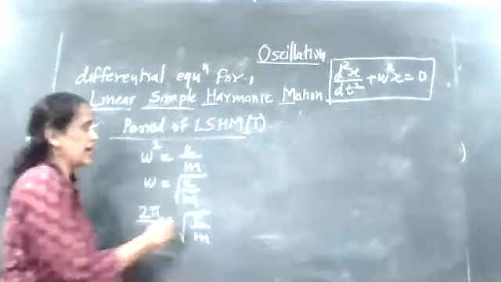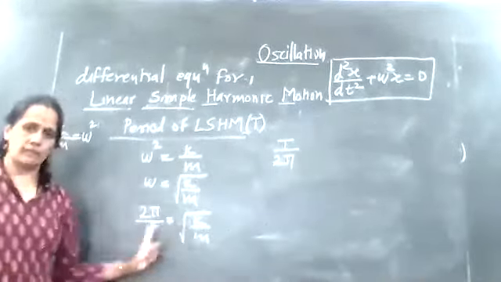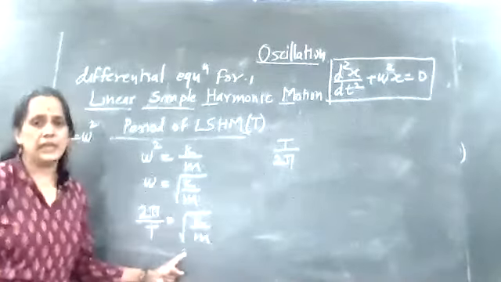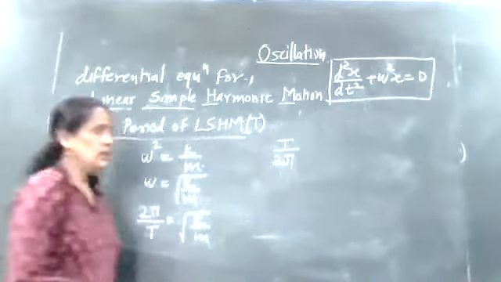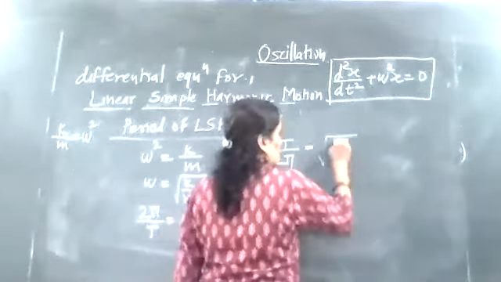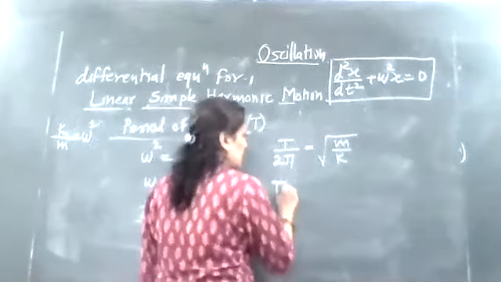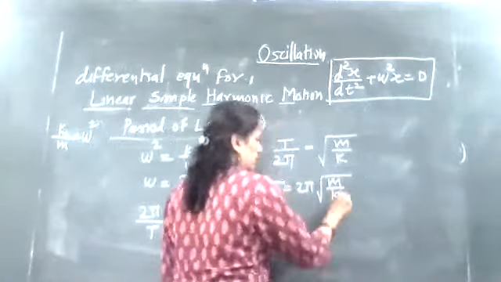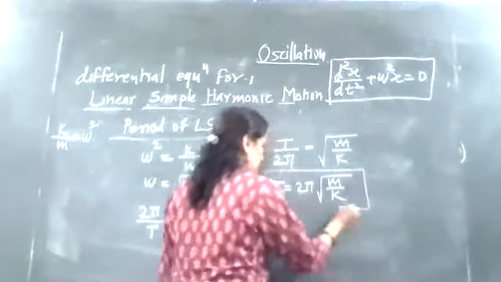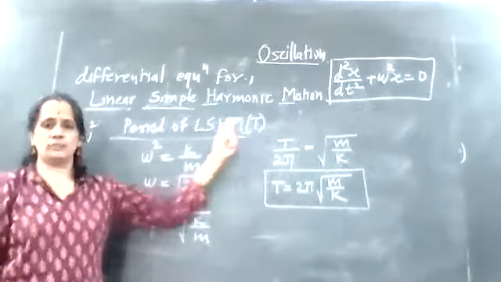Therefore, taking inverse of both sides, because I want the expression for period, so T should come to the numerator: T by 2 pi is equal to under root of m by k. Therefore, T is equal to 2 pi under root of m by k. This is nothing but your formula for period of linear SHM.